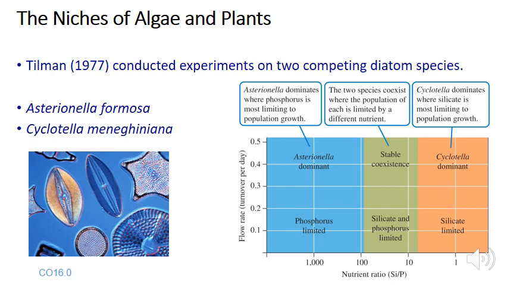And as the rates of phosphorus got higher and higher, eventually in really high ratios of phosphorus to silica, Cyclotella actually became the dominant species. What this experiment shows really nicely is that the outcome of competition between species is dictated by environmental conditions.